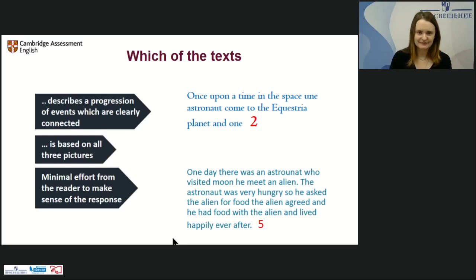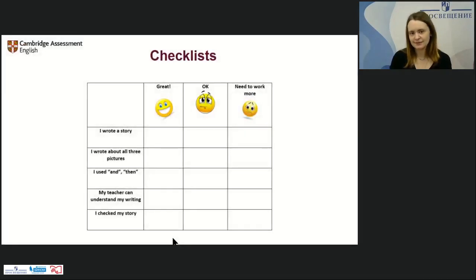All right. So I would advise using checklists, which your students can complete themselves, or it can be peer assessment. Very helpful for writing, very helpful in terms of criteria. So you show them what is expected from them, and it's easier, and they know what to do.